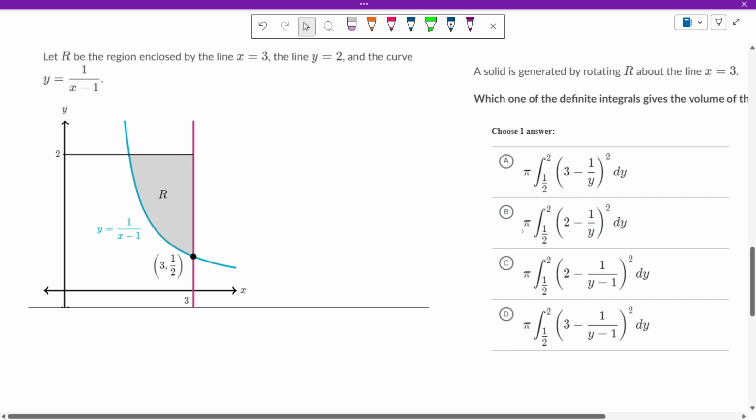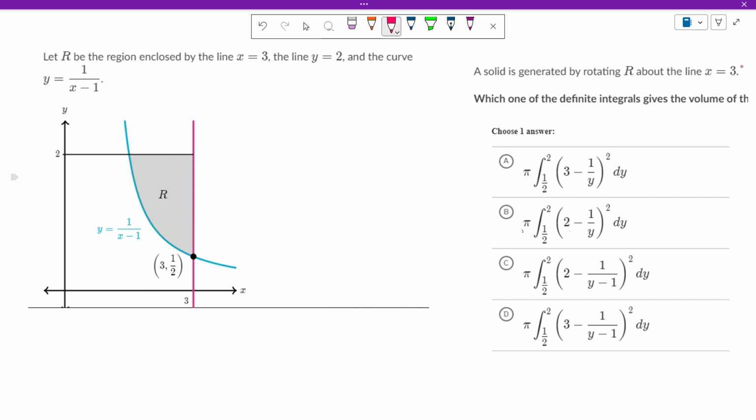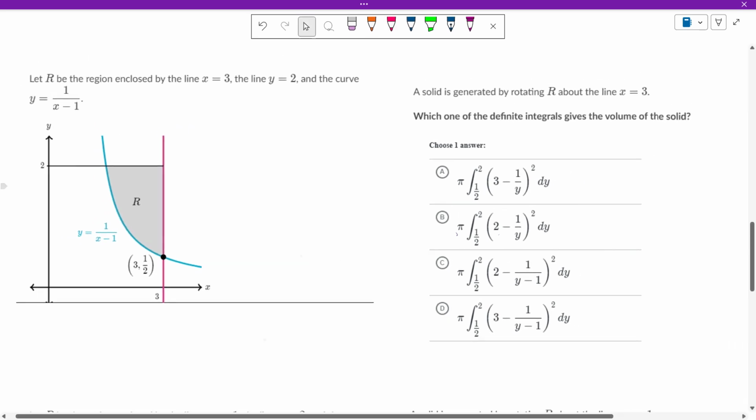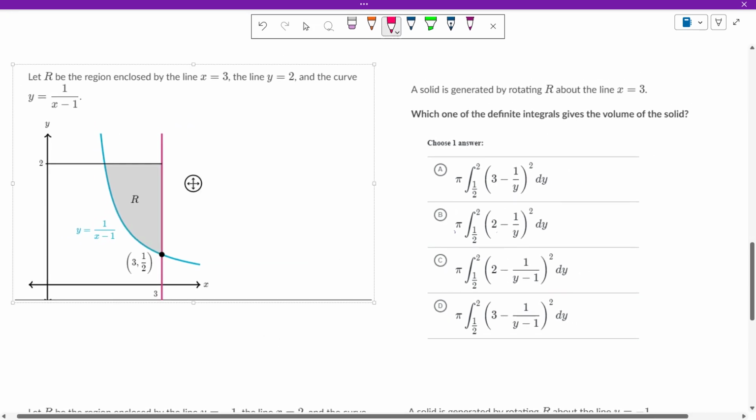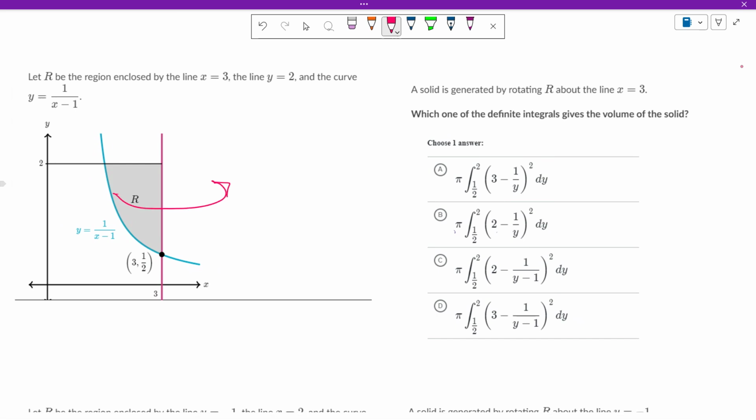What are we wrapping around? We're wrapping around a line. It's wrapped around here, wrapped around here. We're wrapping around the line x equals 3. So we take what's furthest away from the y-axis minus what's closer to the y-axis.